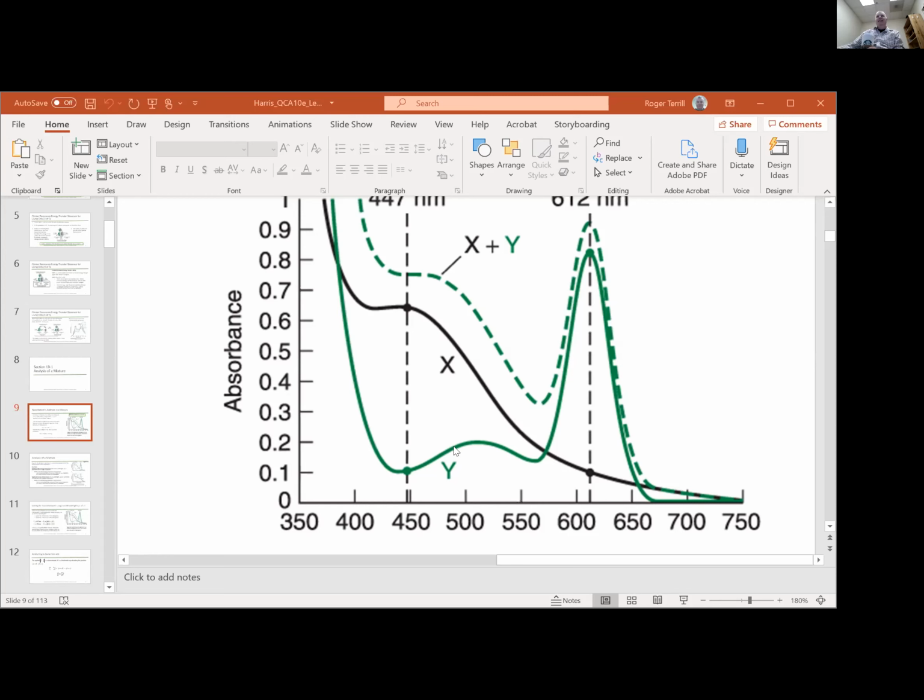This is a simple example, because the X plus Y always adds up to be X plus Y here. So the concentration of X in the standard is equal to the concentration of X in the mixture. The concentration of Y in the standard is equal to the concentration of Y in the mixture.